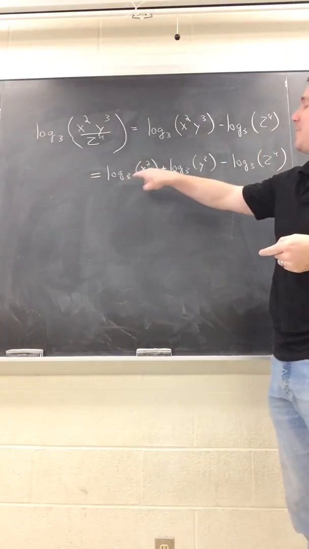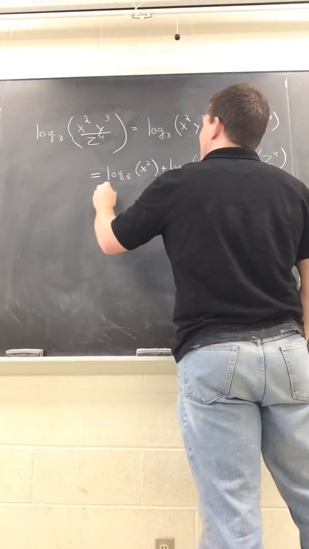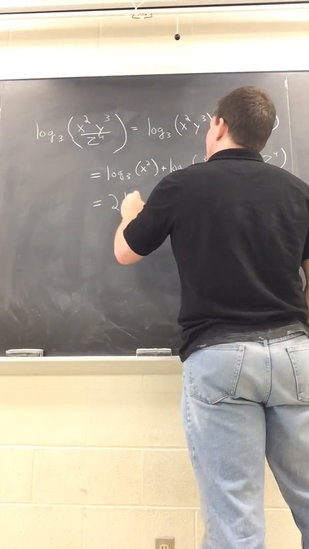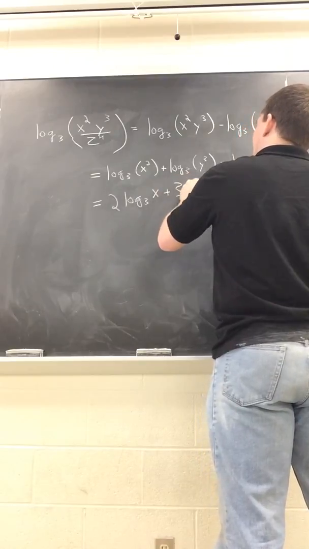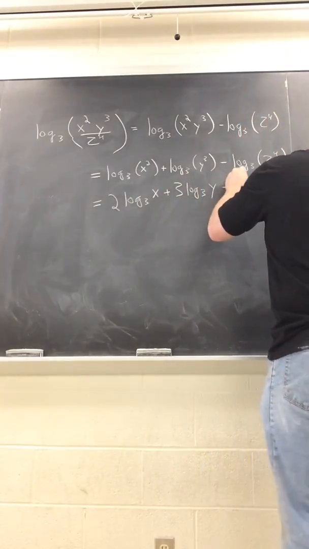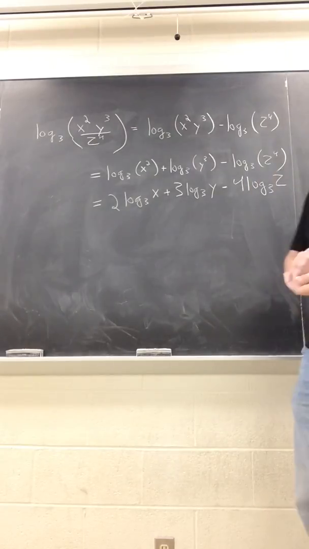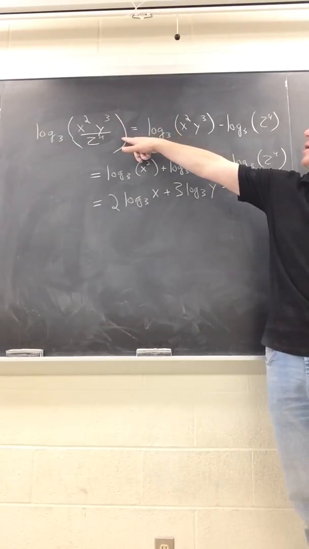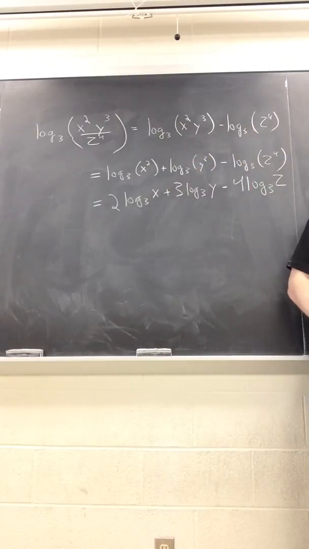But now we have several different logs, all of them raised to powers. The other property said the powers come down in front. So we can rewrite this as 2 log base 3 of x plus 3 log base 3 of y minus 4 log base 3 of z. And now we've taken this one log and rewritten it as a sum or difference of logs with no powers.